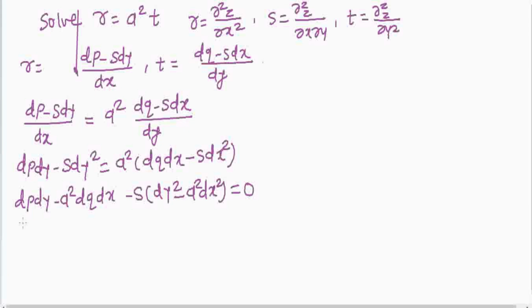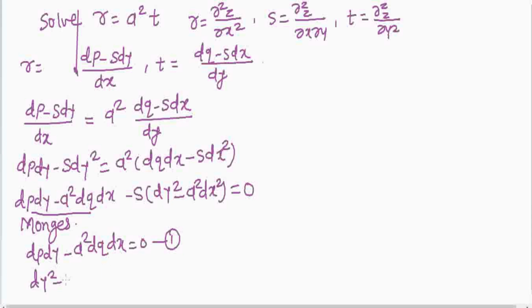And from these two we get the Monge's equations. What are the Monge's equations? The first part is equal to 0, that is dp into dy minus a square dq into dx is equal to 0. This is equation number 1. And the second equation, dy square minus a square into dx square is equal to 0. This is equation number 2.